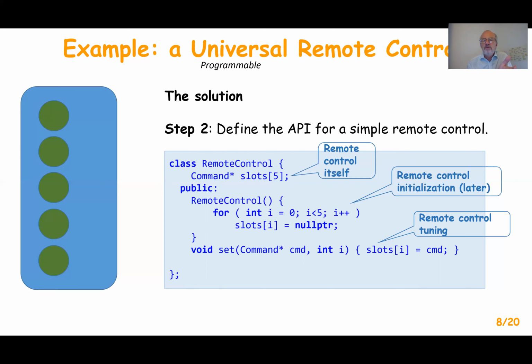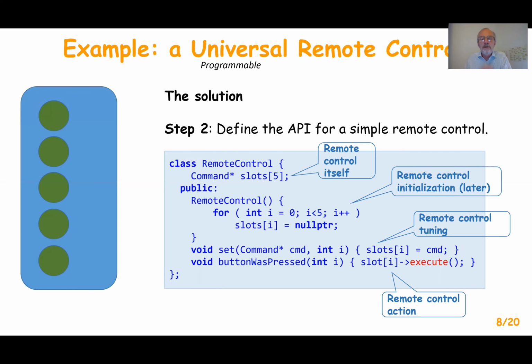It accepts 2 parameters, a pointer to an instance of a class derived from command, and the number of the slot. That is the number of the button, actually. This trivial function just assigns a concrete command to that slot. Okay, nothing else. Everything is very, very clear.